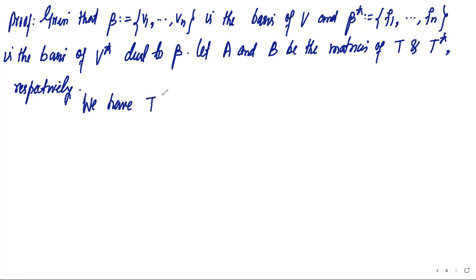Now we have T of Vi is equal to summation j from 1 to n alpha ji into Vj.